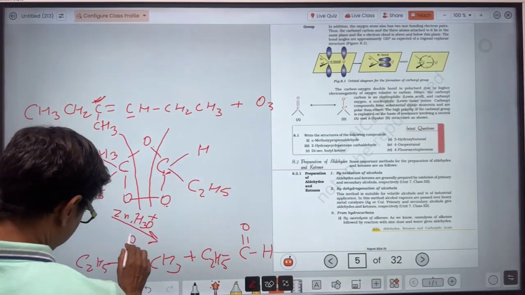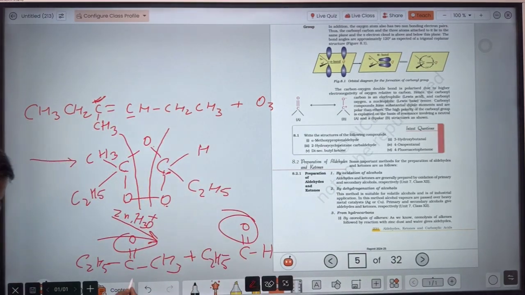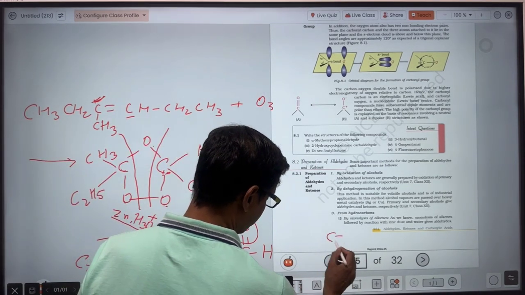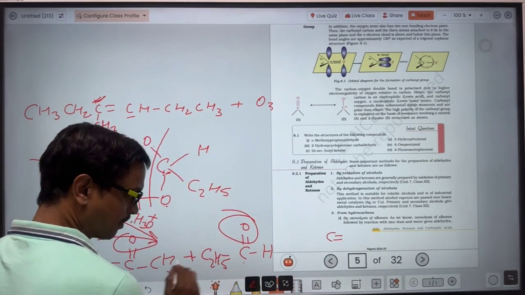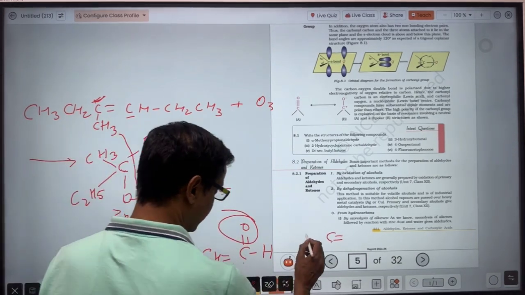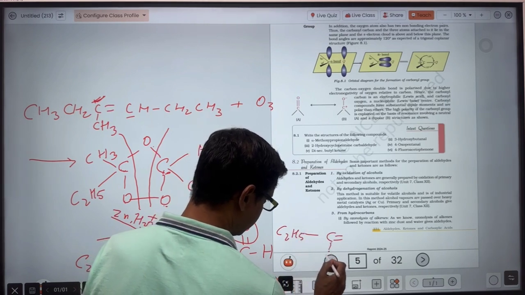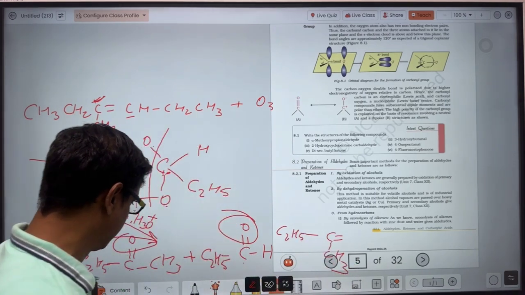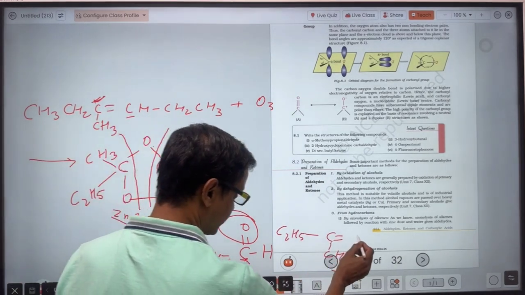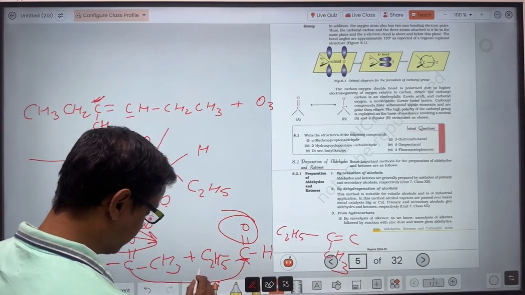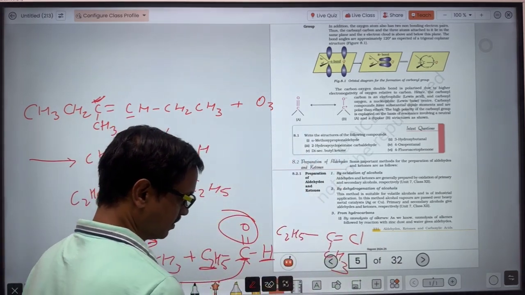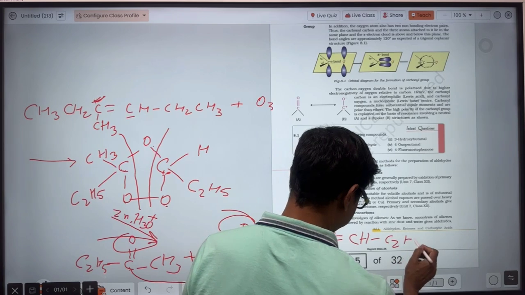And if you take out this oxygen and this oxygen and do double bond formation here, then what happens? Between this carbon and this carbon there will be double bond formation. So this carbon atom here, one side there is ethyl and another side is methyl, and this carbon is bonded with one ethyl and one hydrogen.